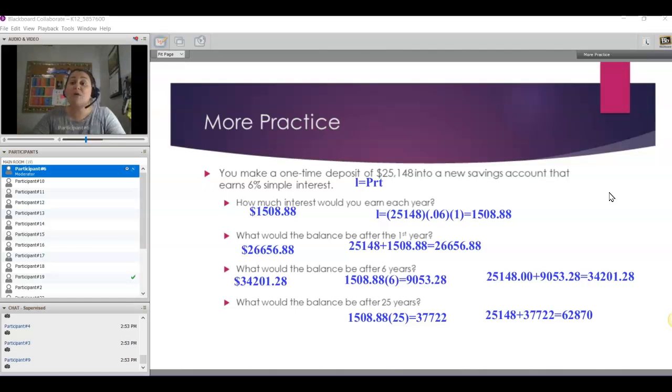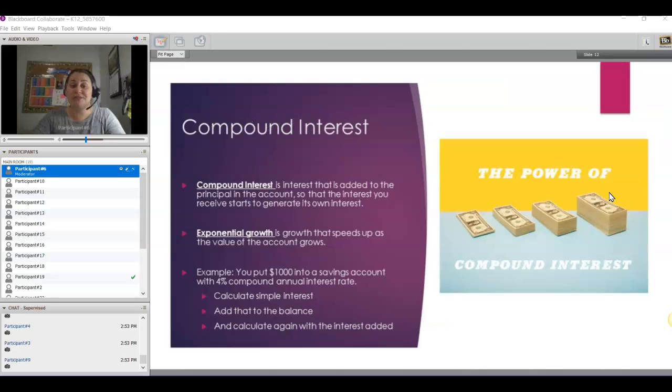All right. Now we're going to jump into compound interest. Compound interest is interest that is added to the principal of an account. But as it's added, the interest you're receiving starts generating its own interest. So it's like interest on interest, taking bricks and building off of one brick, building and building and building, okay?